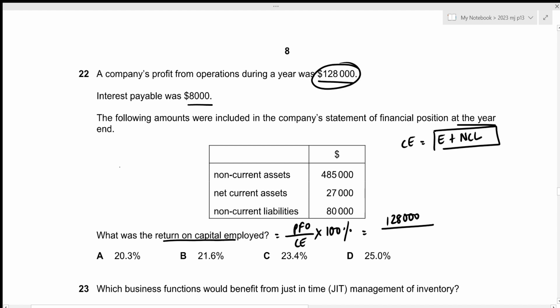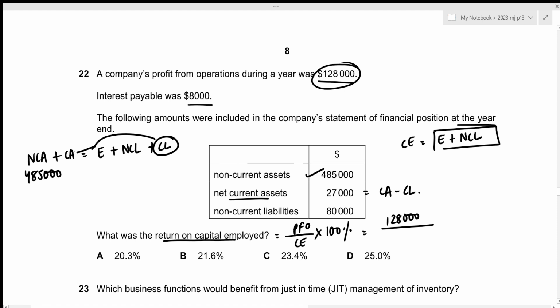Let's utilize our accounting equation. That's non-current assets plus current assets equals equity plus non-current liabilities plus current liabilities. We have our non-current assets to be 485,000. We have net current assets, which is just current assets minus current liabilities. If you bring this to this side, then the value for that term will be 27,000.